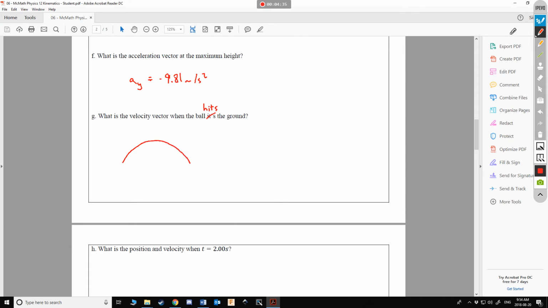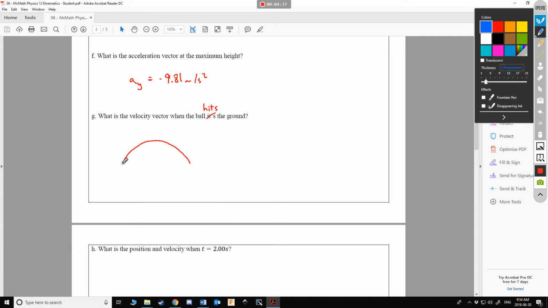Okay, so because of symmetry of the parabola, we know the magnitude of the velocity vector here is the same as the magnitude of the velocity vector here, because it lines up along some horizontal distance.